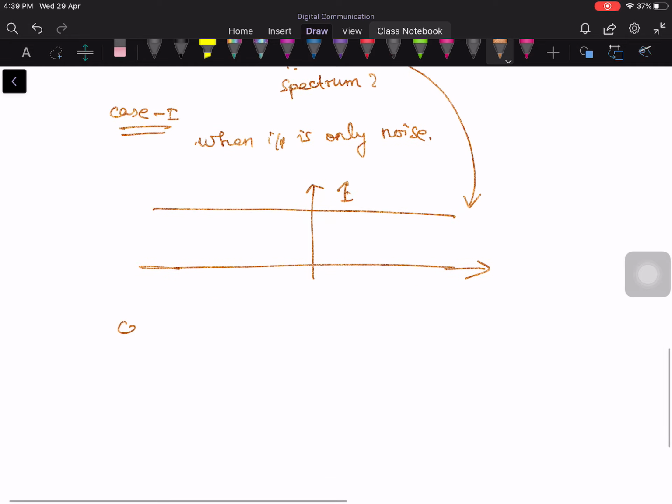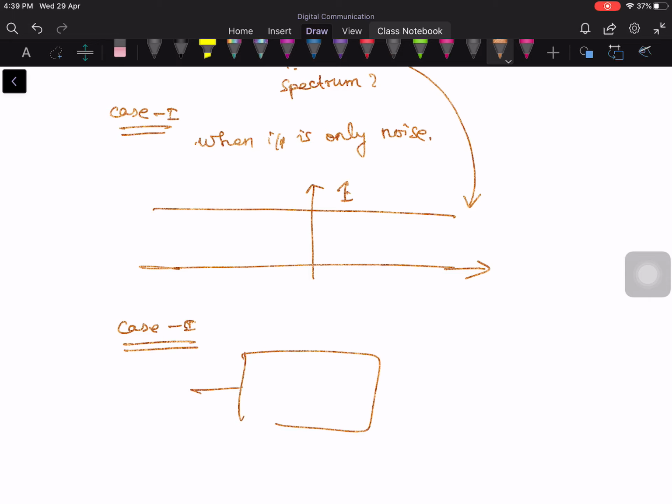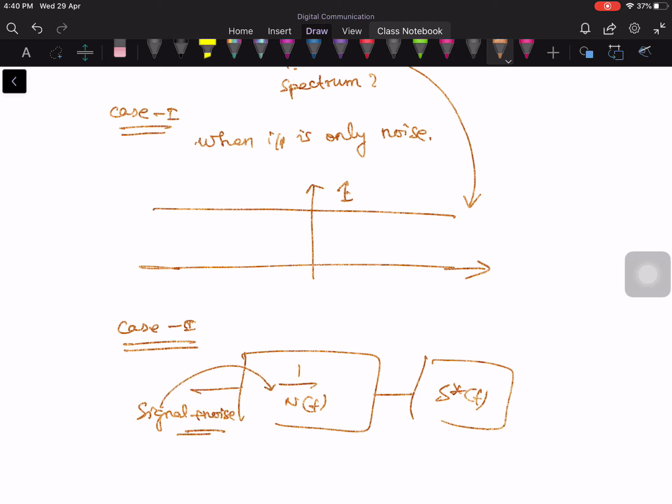And then of course if the signal is present, let's take case 2. If signal is present, you have 1 over N of f, and this is S conjugate of f, and signal plus noise, and the signal is also modified by 1 by N of f, and again you are multiplying by S conjugate of f.